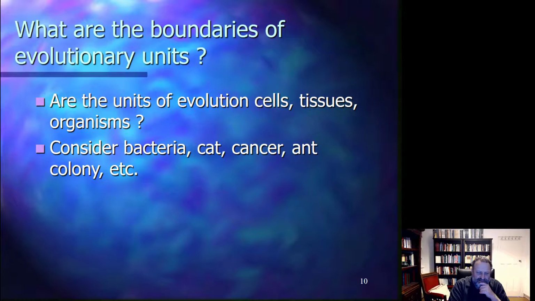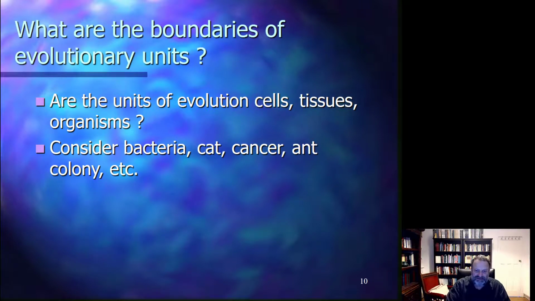Then, if we consider evolution of these systems, what are the boundaries? What are the units of evolution? Is evolution happening at the level of the genes, the level of cells, tissues, organisms? How does it work? And clearly, if you look at viruses, for example, is that a unit? The combination of a few genes, or perhaps the genes themselves?